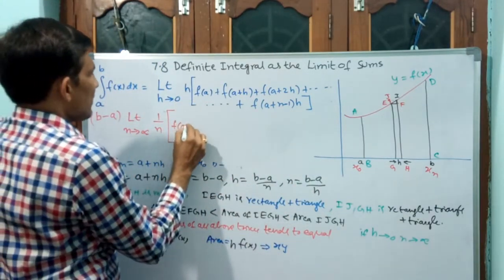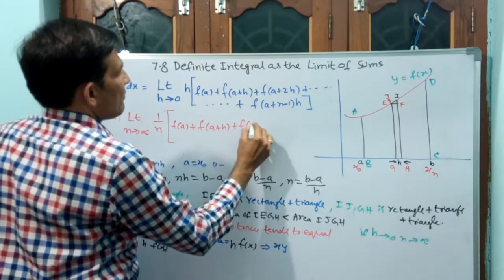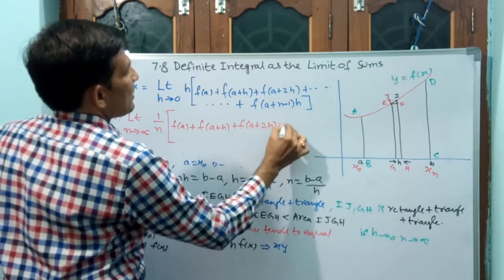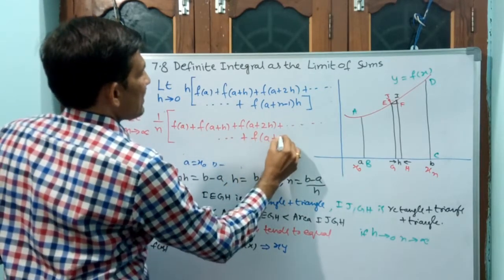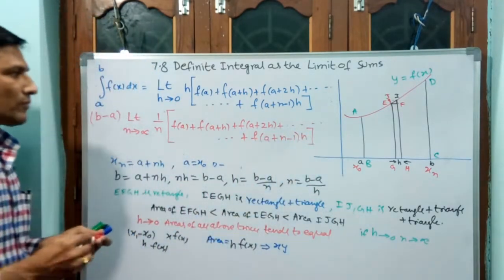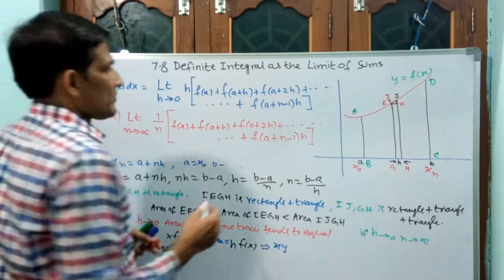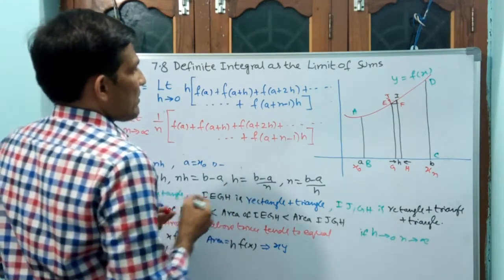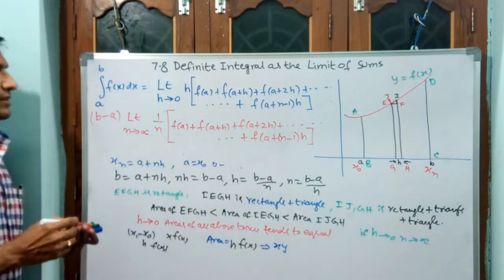This is same: f of a plus f of a plus h plus f of a plus 2h plus dash dash plus f of a plus n minus 1 into h. Understand now? N minus 1 into h. This is the logic. Okay?